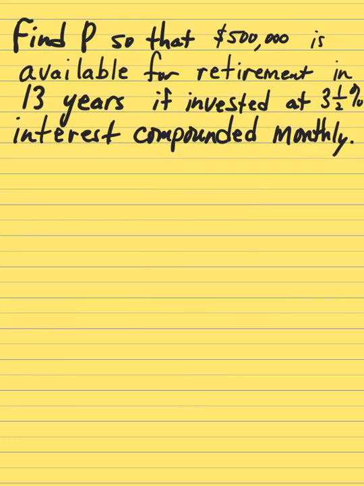The second problem in your homework set, find P, which is the initial investment, so that $500,000 is available for retirement in 13 years if invested at 3.5% interest compounded monthly.